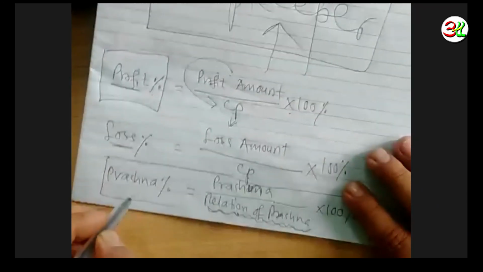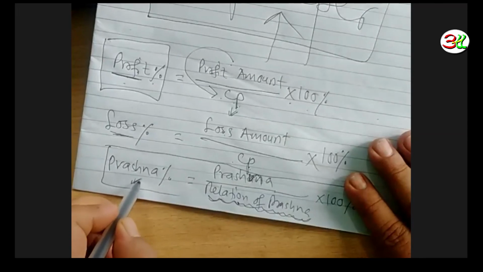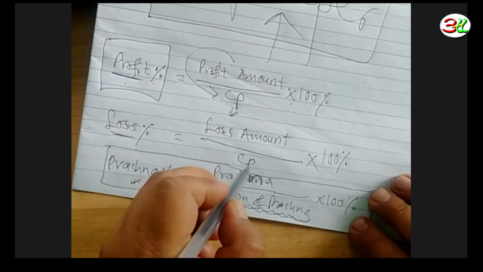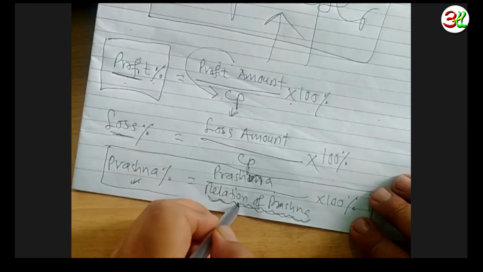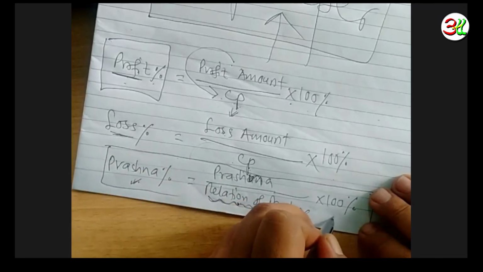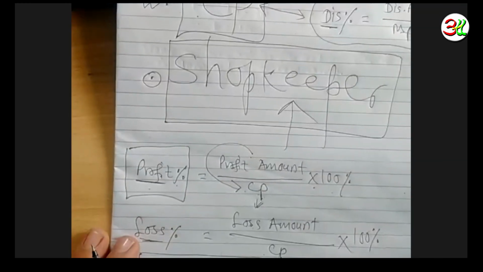For example, I told you the Prasna percentage: Prasna by relation of Prasna into 100%. Is it clear? Yes, sir. Okay, now go to the exercise. Let's go to the exercise.